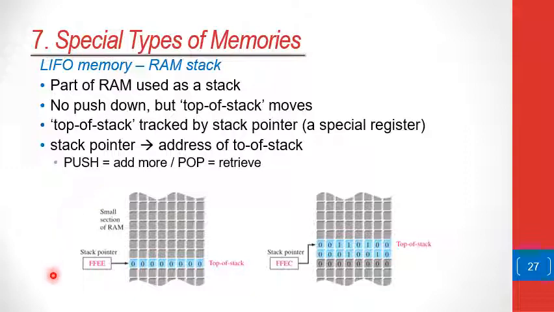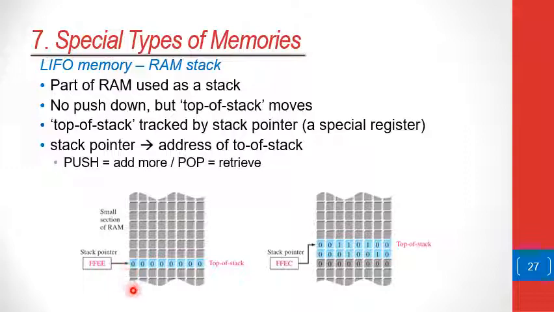Take, for example, this picture, whereby this RAM module is being used as a stack. What will happen is that the stack pointer, which is a special register, will contain the address of the top of the stack itself.